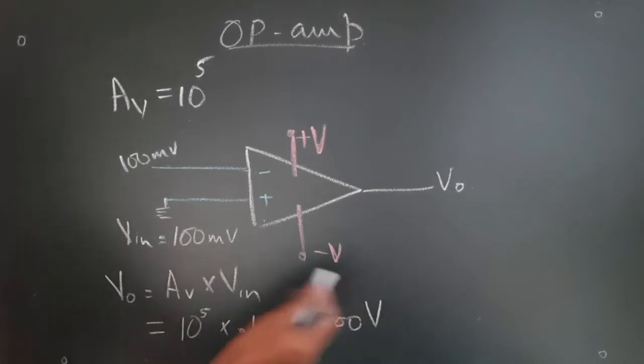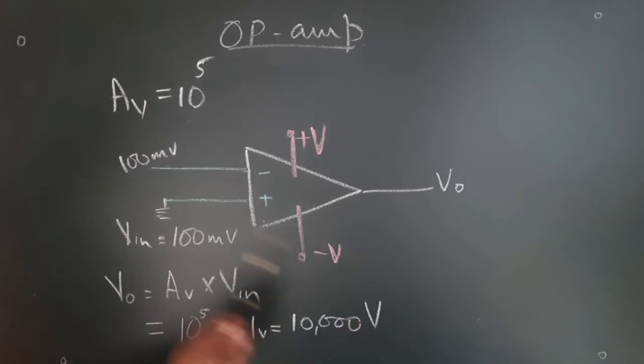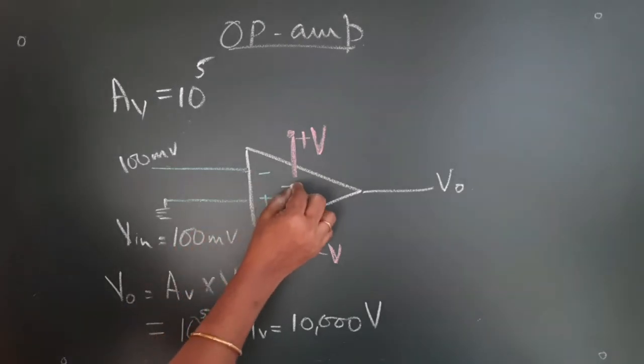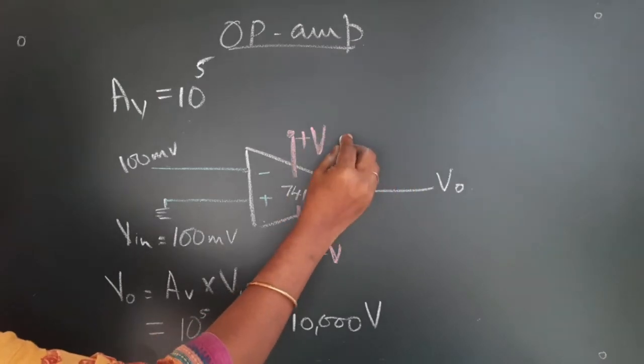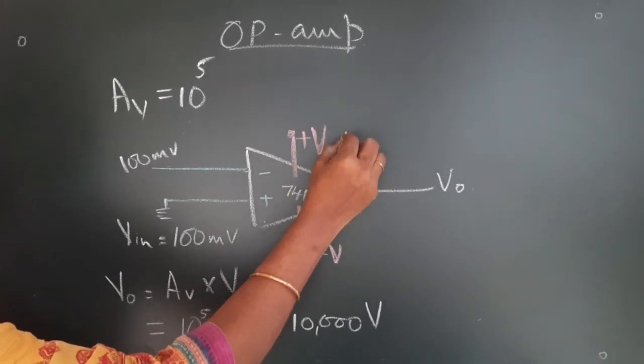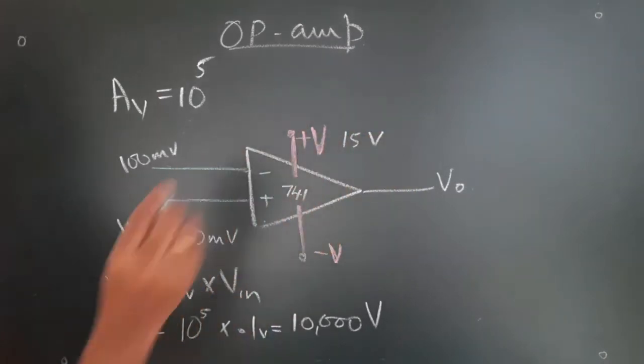So, my output voltage would be 10,000 volt. This is a very high order of amplification. But one thing to be noted here is, if we are using the 741 IC, I said our plus VCC would be in the order of 15 volt.